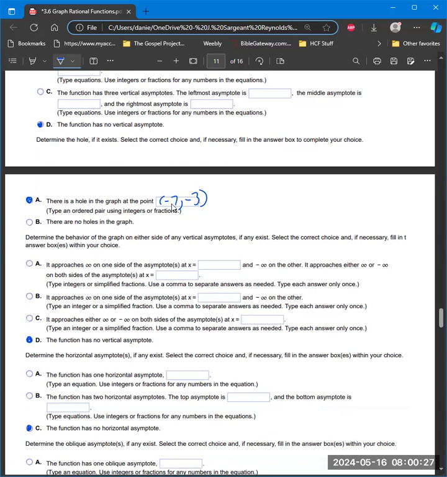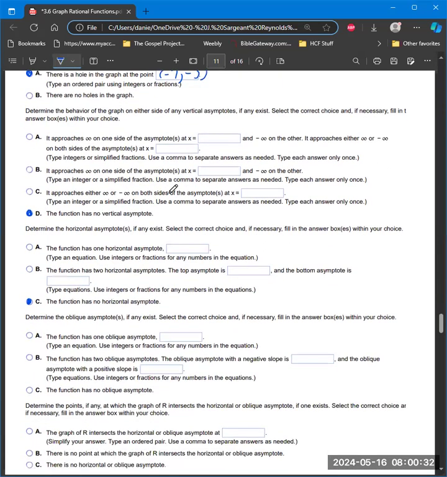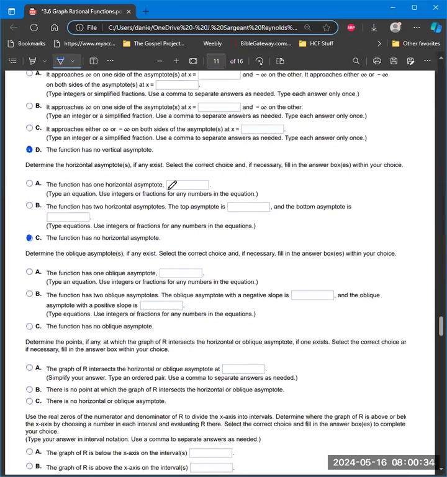Also, it's not horizontal, it's slanted, what's left. Now, because what's remaining doesn't look rational, it's just linear with a hole in it, there's actually no oblique asymptote left either.